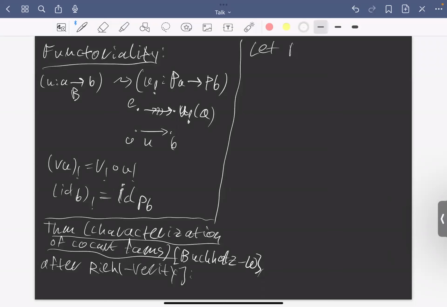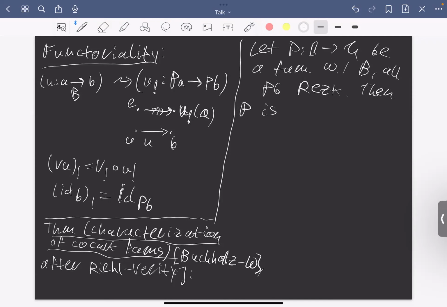So let's assume P from E to B is a family with B and all P B Rezk. Then P is a co-Cartesian family if either of the following conditions holds.